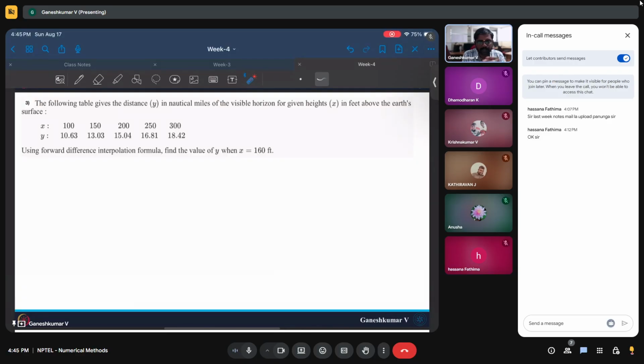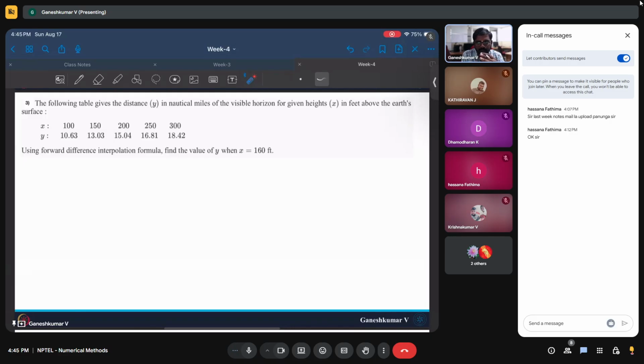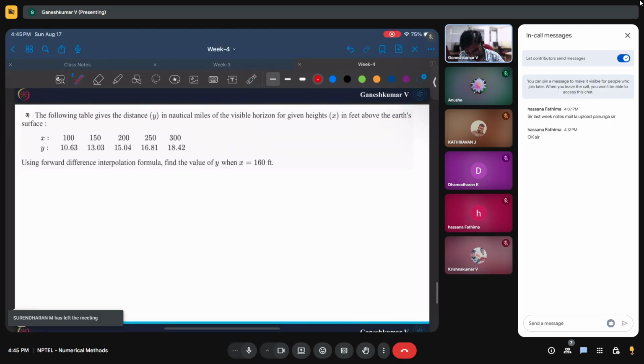But here we are trying to make it more and more accurate, based on the available data that we have. Okay, so that's why we have multiple values here. All right. There are no questions, I guess.